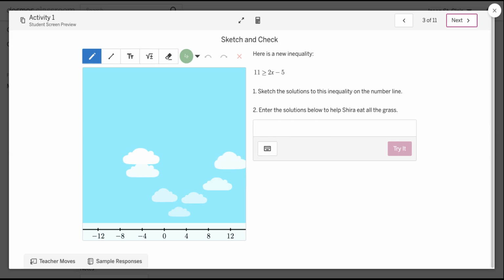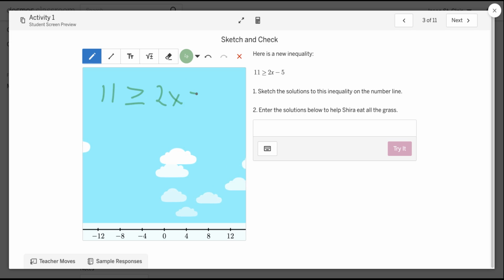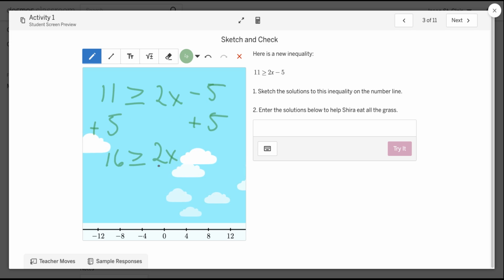Next slide. They don't give you the graphs this time, so we have to just use the inequality that they give us. Sketch the solutions to the inequality on the number line, enter the solutions below to help Shira eat all of the grass. So we're just going to solve it. 11 is greater than or equal to 2x minus 5. I'm going to add 5 to both sides, giving us 16 is greater than or equal to 2x.